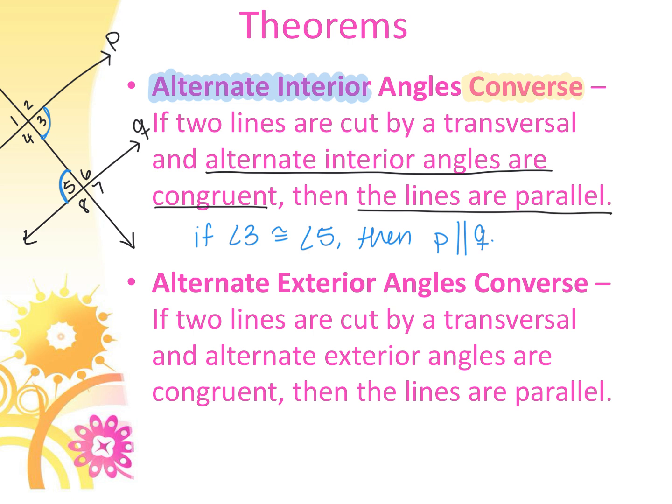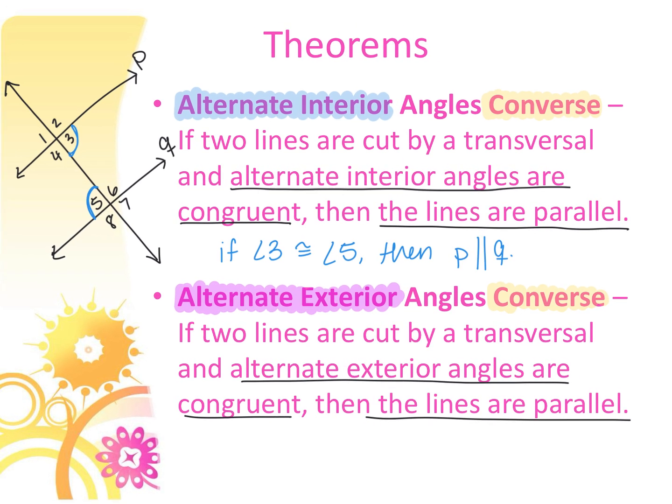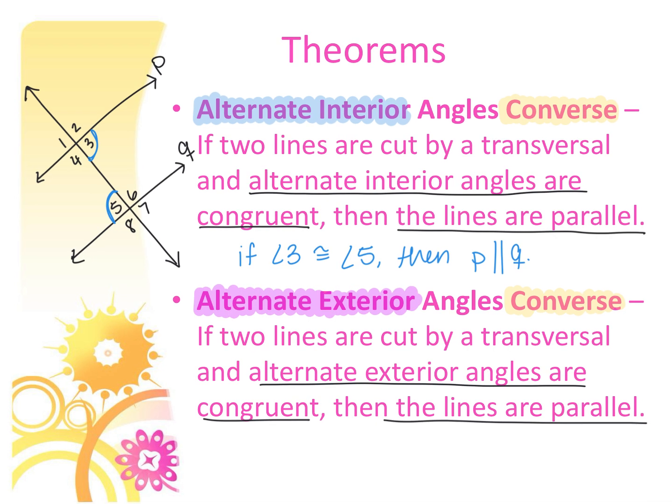Looking at the next one, I have alternate exterior angles converse. This one says, if two lines are cut by a transversal and the alternate exterior angles are congruent, then the lines are parallel. Using the same diagram that I drew, who could give me one pair of alternate exterior angles?